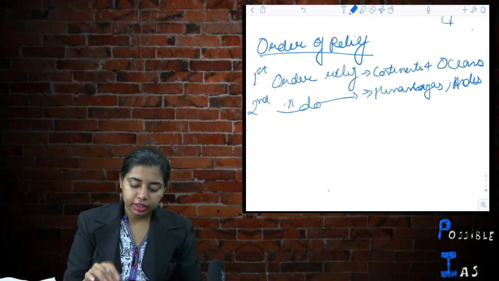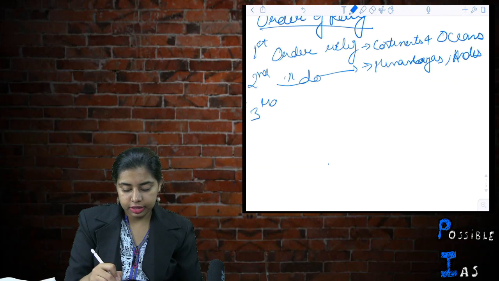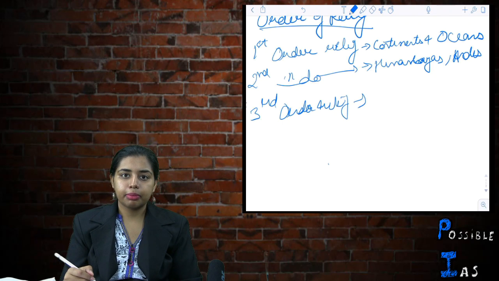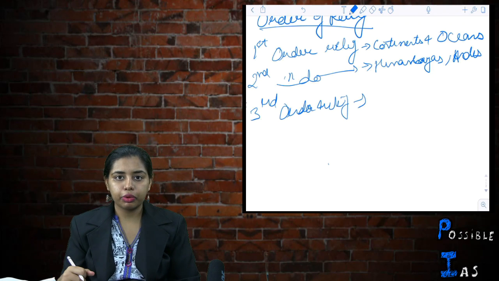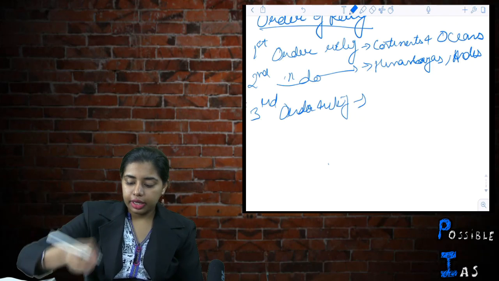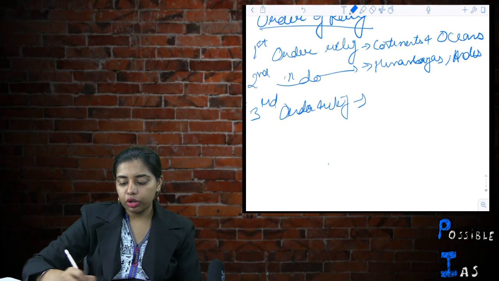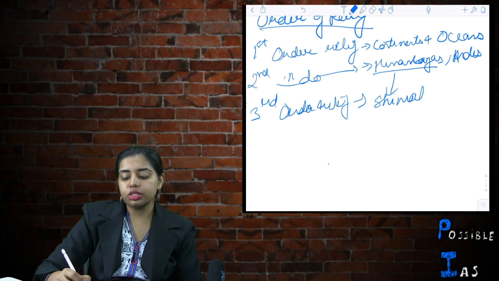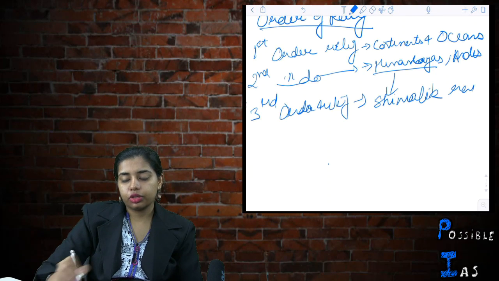Now in the third order relief, what comes after mountains? You know that the Himalayas are divided into the greater Himalayas and the lesser Himalayas, or the northeastern hills and mountains. So suppose in the second order you've done Himalayas, in the third order will come smaller ranges like Shivalik range.